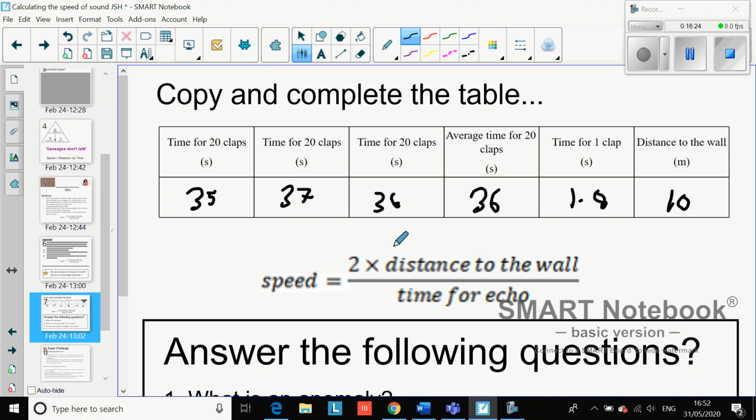So what I would do is I'd take my calculator and I'd go, right, well, 2 times 10, well, that's easy, that's 20, divided by the time for an echo, which was 1.8, and according to this, that would come out as 11.1. Okay, I'm going to tell you right now, that's wrong. That's way off. That is nowhere near the speed of sound. Okay, but hopefully that serves as an example of how you could do this.